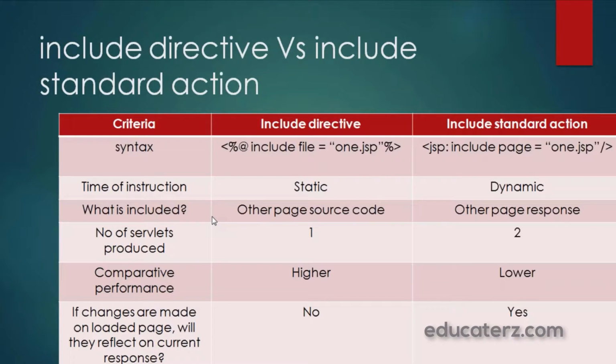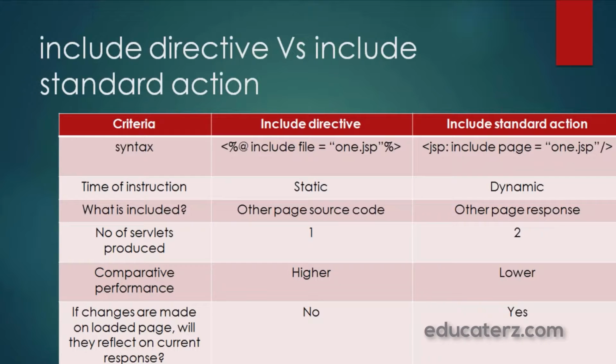So what are the differences? Syntactically, include directive uses the file attribute, whereas include standard action is represented in XML format like jsp:include, and the attribute is page, not file.